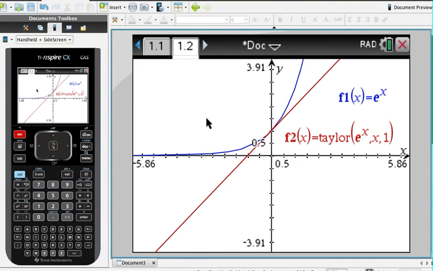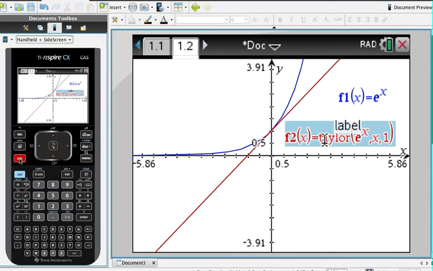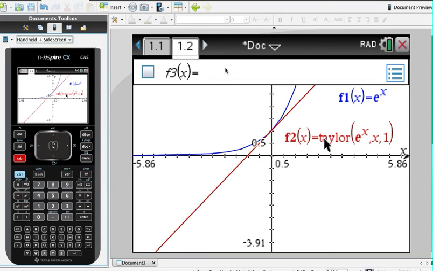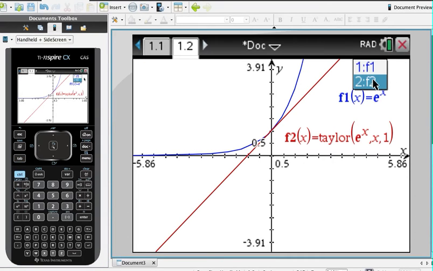Let's try that again. Click on f2 of x. Click the tab button. I get a blinking f3. Go to the right. Aha, f2.